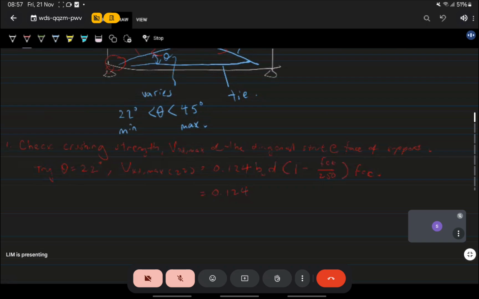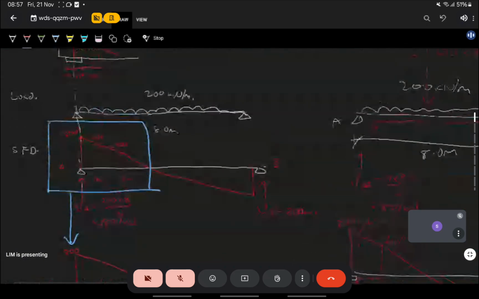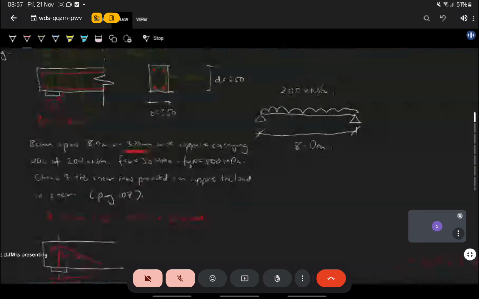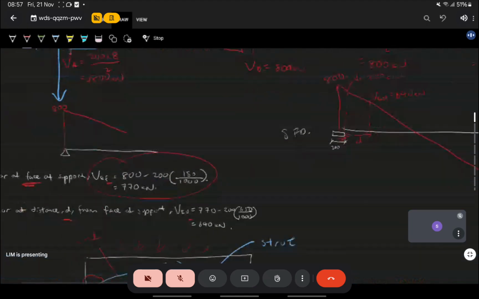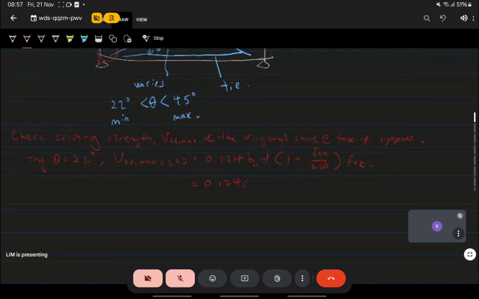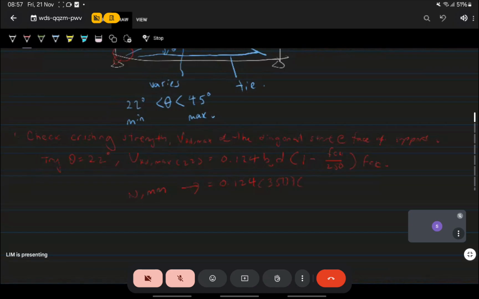BW is the width of the beam, the minimum width. In this case we have a rectangular beam, so bw is b, 350. Always work in Newton and millimeter only. Now d is 650. Then 1 minus fck, where fck is 30, divided by 250, and then the whole thing you multiply by 30.